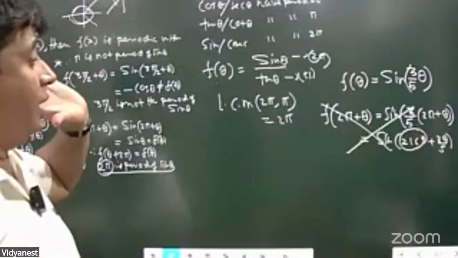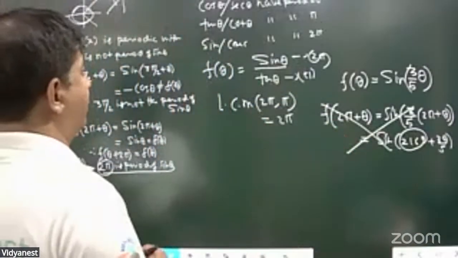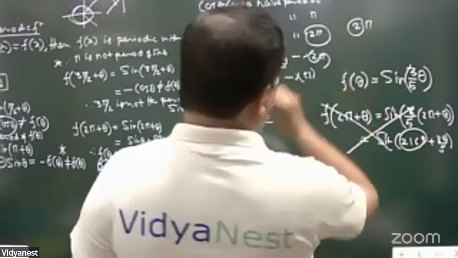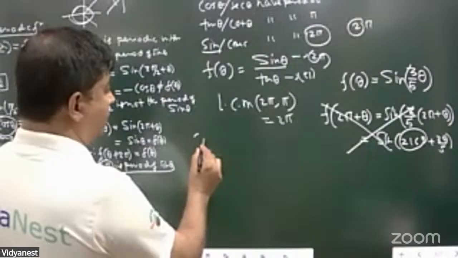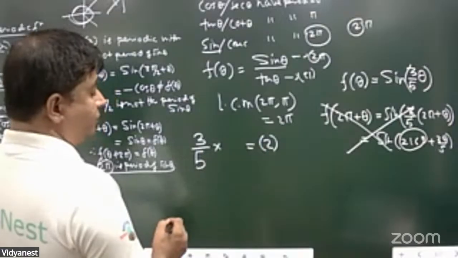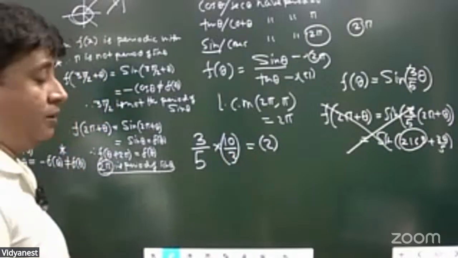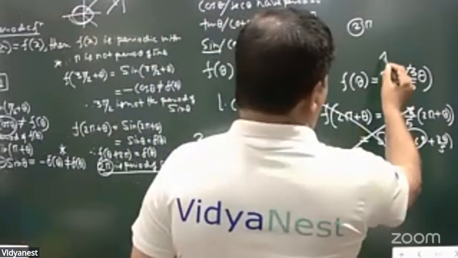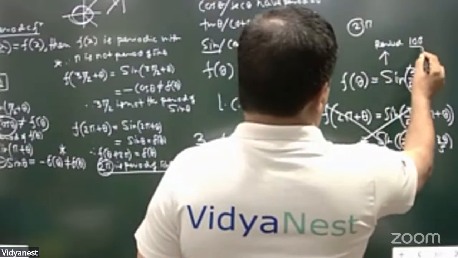So I am giving you one shortcut trick which you can follow. See, we have come to know the period of sine is 2 pi. What is the coefficient of pi? 2. Yes or no? Yes, sir. Now you tell me, with 3 by 5, what to multiply to get 2? If I put 10 by 3, that will give you 2. Yes or no? Yes, sir. So its period is 10 pi by 3.